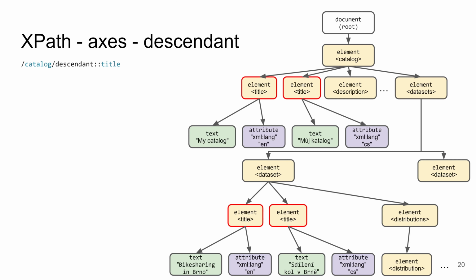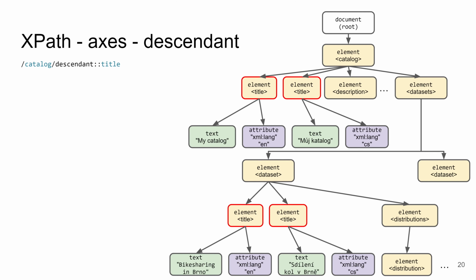This is again an absolute path, so we'll start in the root, then we'll go to the catalog element, and from there we'll select all descendants, and all descendants filtered to the title elements. So this one will actually select all the title elements in the subtree of the catalog element.